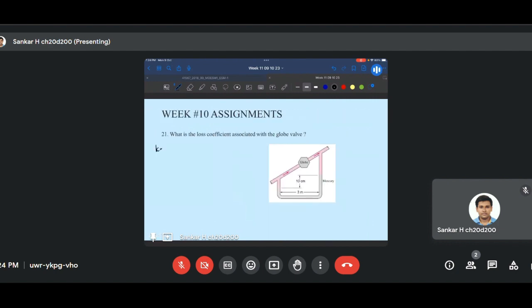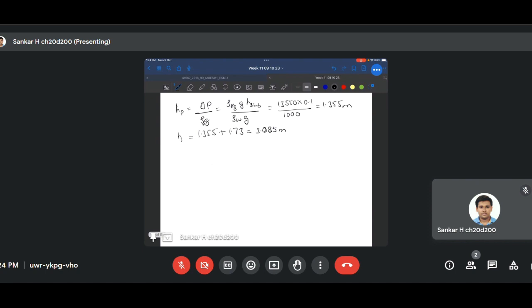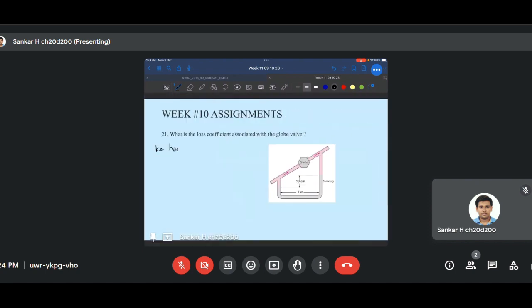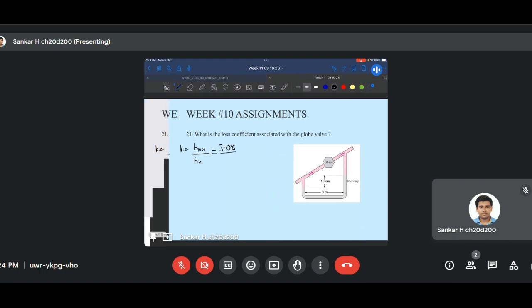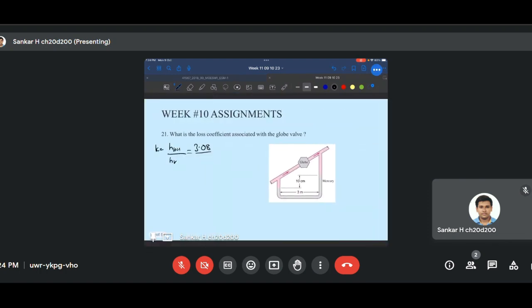So the loss coefficient, let's call that K, is the total head loss, which is H as we defined earlier, by HV, and this will be 3.08 by 0.56, which would come around to somewhere between 5 point something. This would be 5.5.